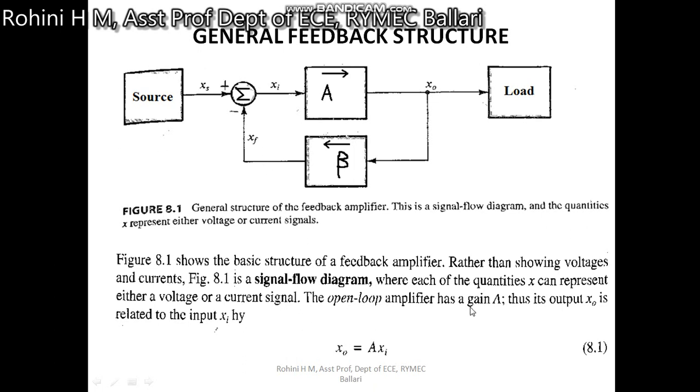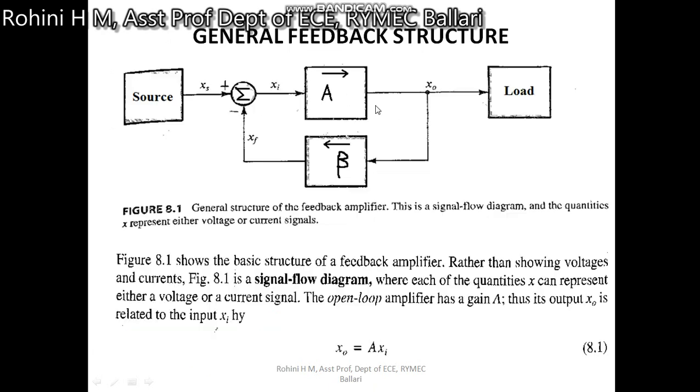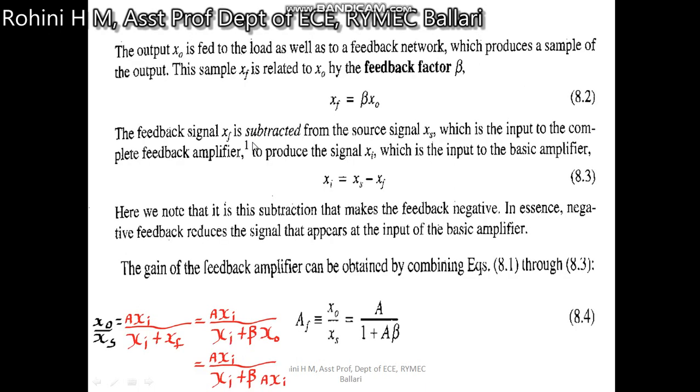The open loop amplifier has a gain A. So this is an open loop amplifier having a gain A. Thus its output X0 is related to the input Xi by the expression we discussed: X0 is equal to Xi into the gain factor A. Similarly, the feedback is given as the feedback factor beta into X0, and beta into X0 is our XF.